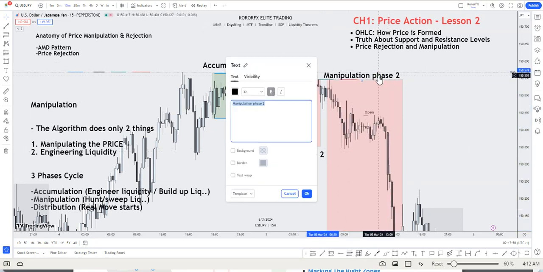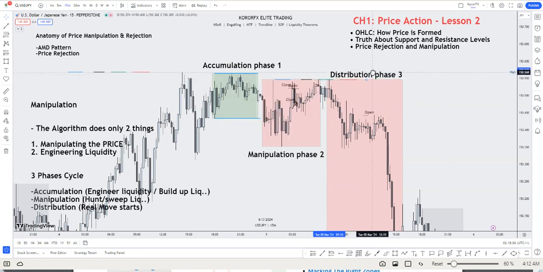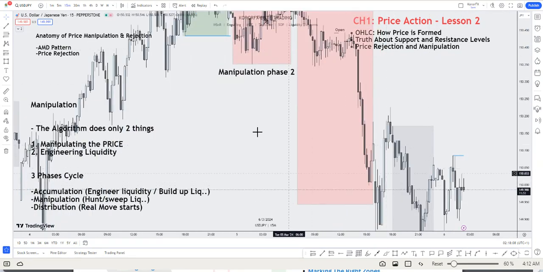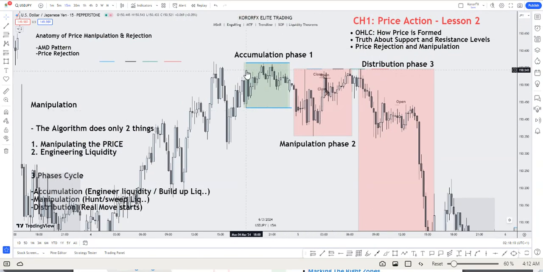with the Malaysian SNR. So this is the distribution phase 3. So these are the three phases of the market that can really make it simple. Building liquidities, this means baiting orders.